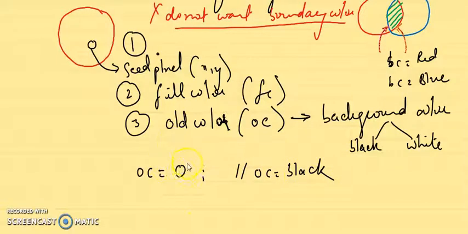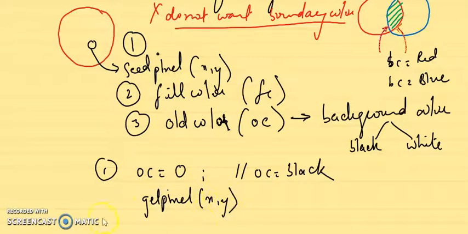If your background is white, you initialize it to 1. I have initialized it to 0, assuming that the background color will be black in my case. So OC is equal to 0, right? Now how am I going to fill up this particular pixel? I'm going to get the color of this particular pixel. So get pixel x comma y.